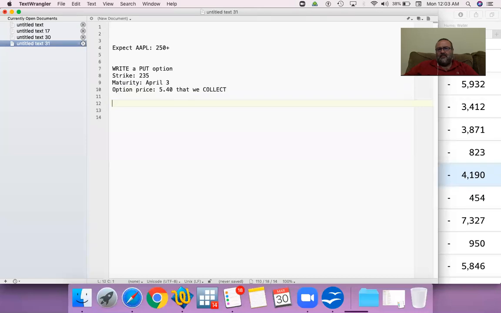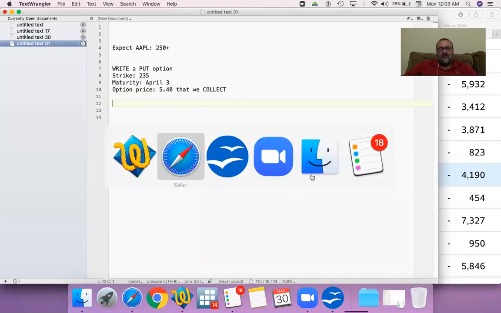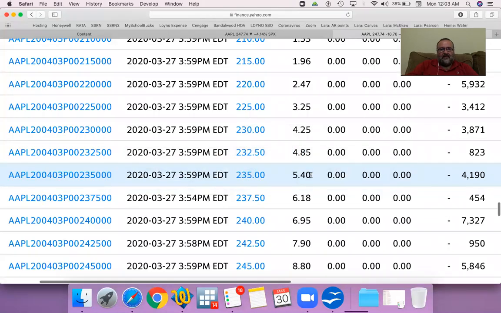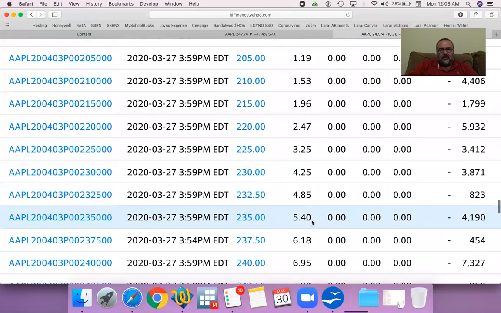So how do we buy some protection? What if we were to buy a put option and limit the amount of money that we could potentially lose on our naked put? We are writing a naked put, and then we are buying insurance to limit the amount of money that we could potentially lose.